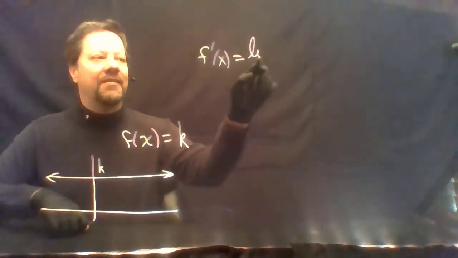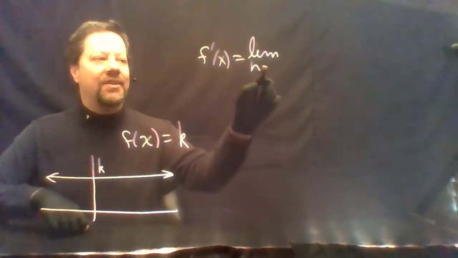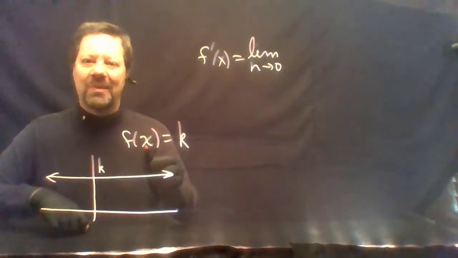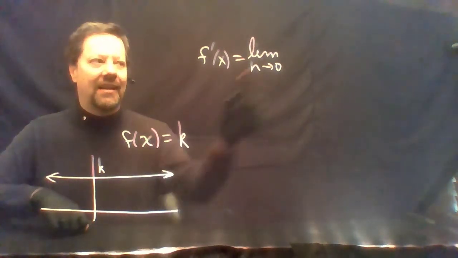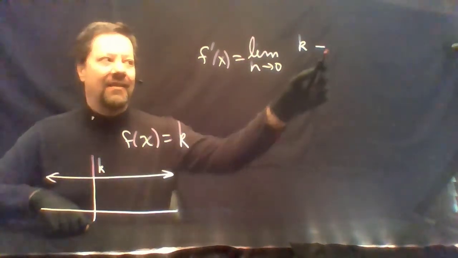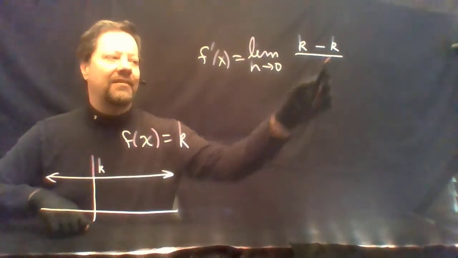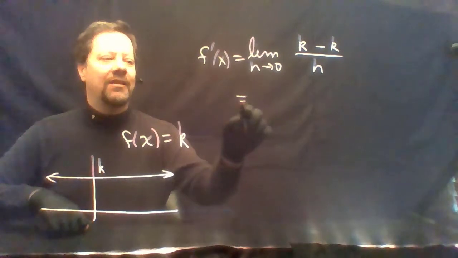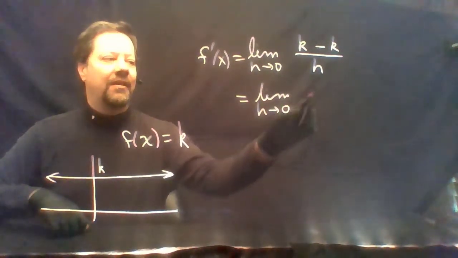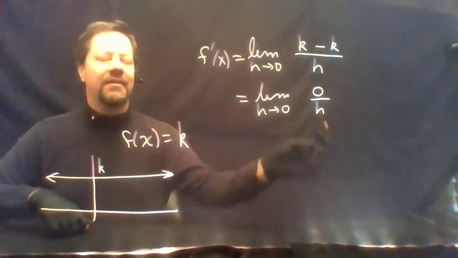This will be the limit as h goes to 0 of, if I plug x plus h in, I get k out. And if I plug x in, I get k out. This is the limit as h goes to 0 of 0 divided by h.